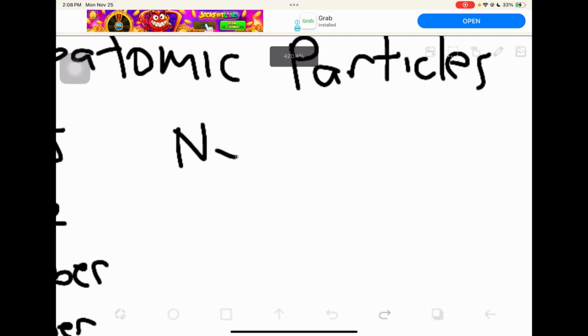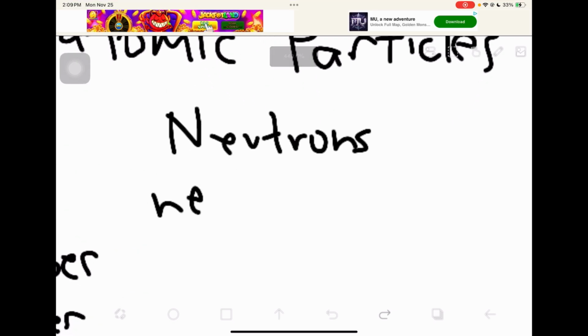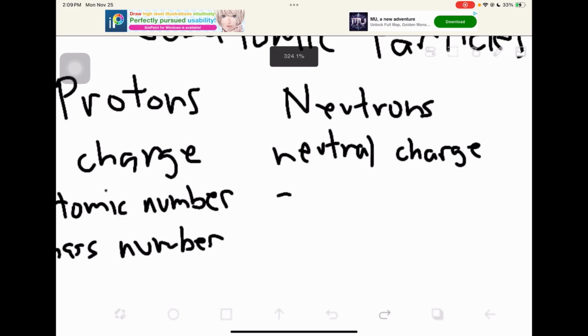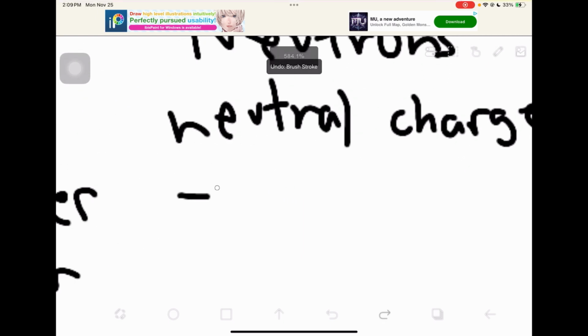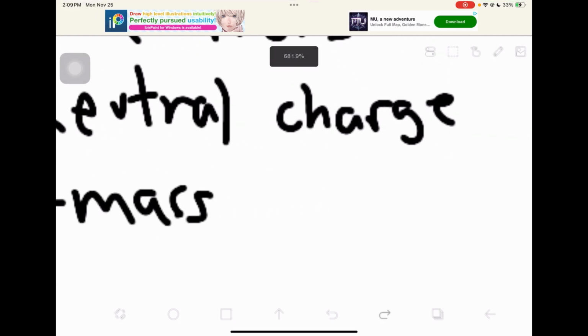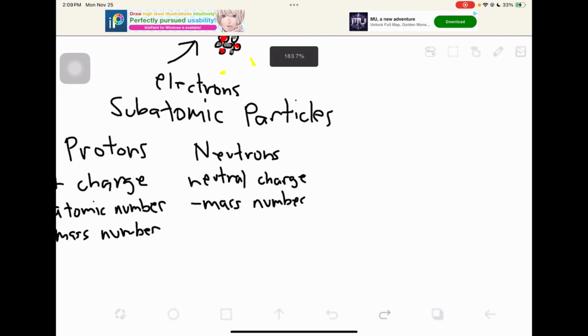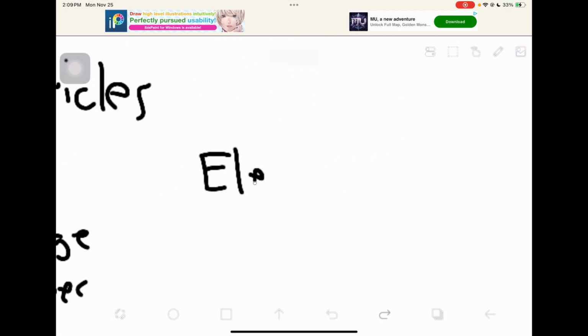Meanwhile, the neutrons are just neutral charge. And they also contribute to the mass number as well. How about electrons?